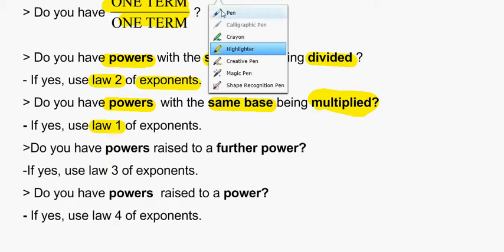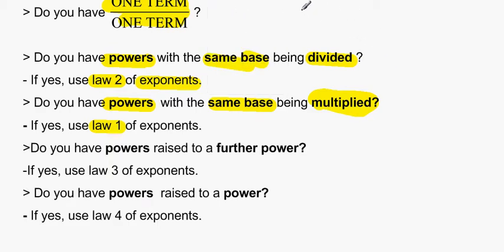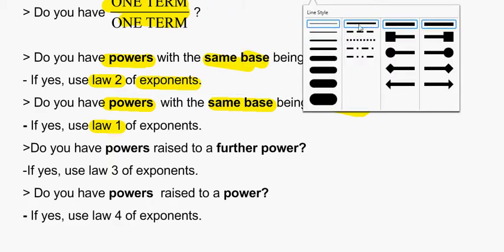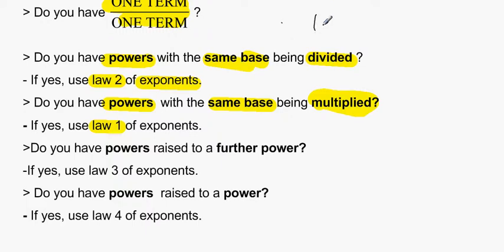Now I just want to do a quick refresher. Remember law 1 and law 2. Law 1: the bases are the same and the powers are being multiplied, we add the exponents.